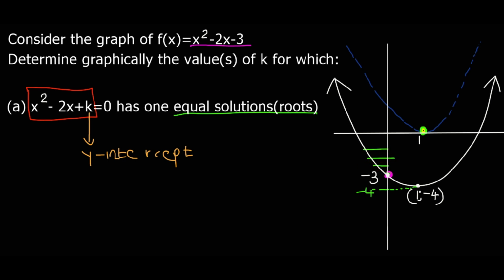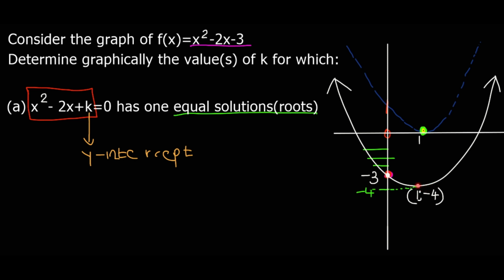So now we want to see, when we move 4 units up, where is our y-intercept? When it moves 4 units up, this y-intercept is also going to move 4 units up. So here at -3, it goes to -2, to -1, to 0, and then to 1.